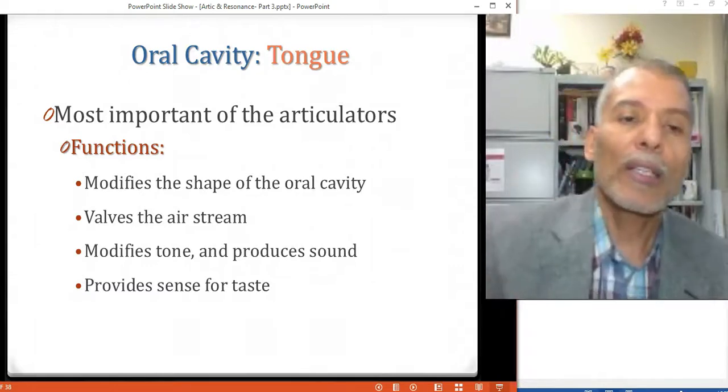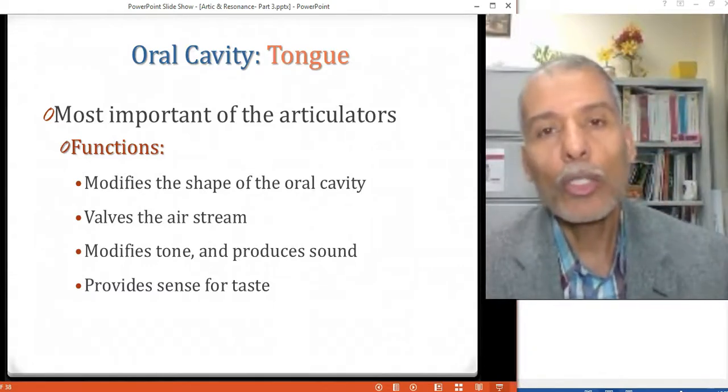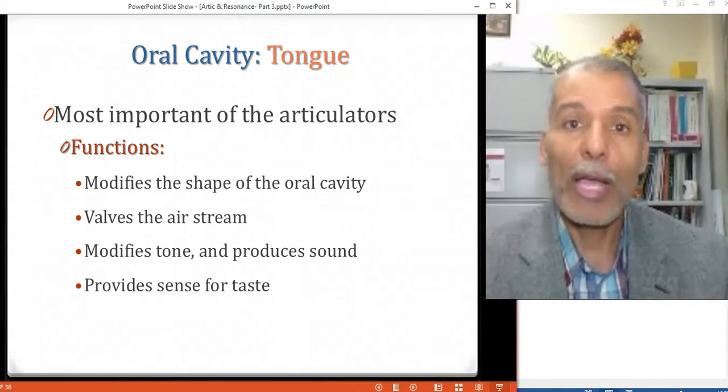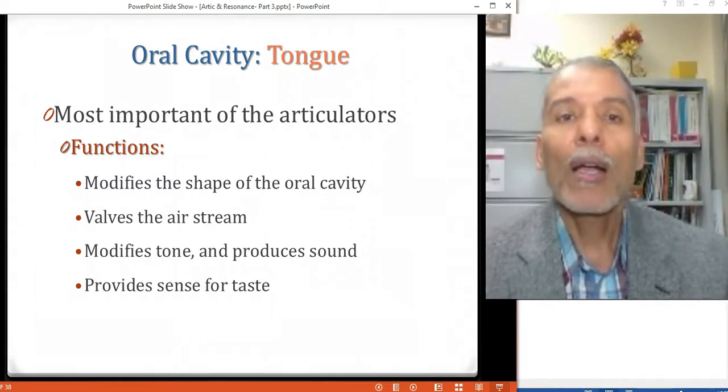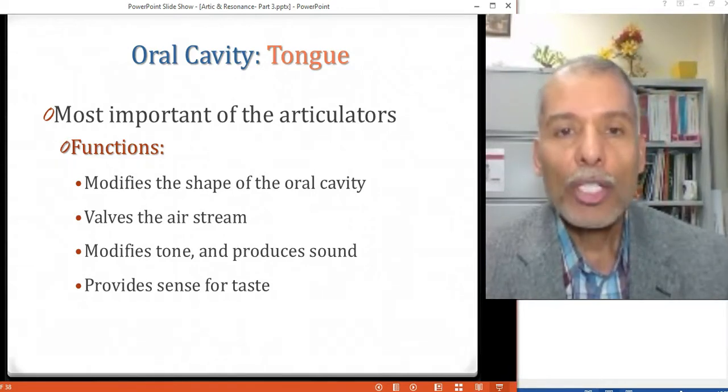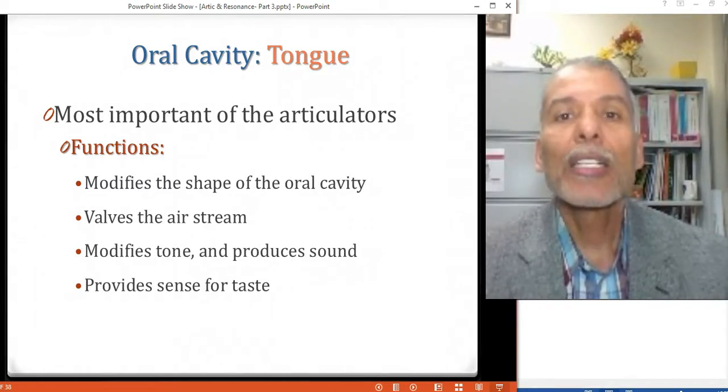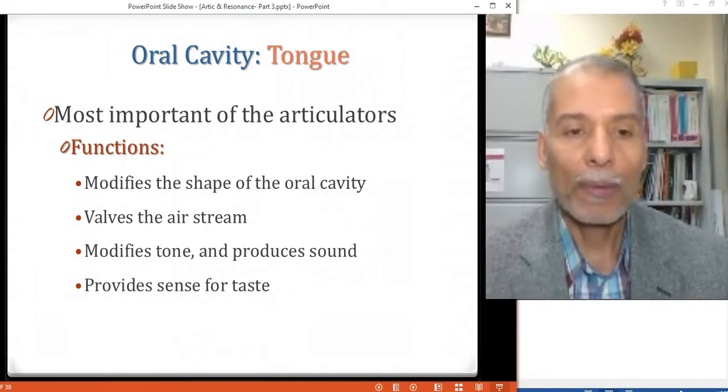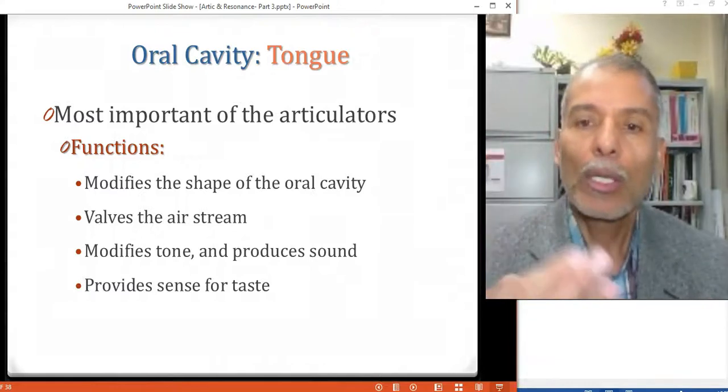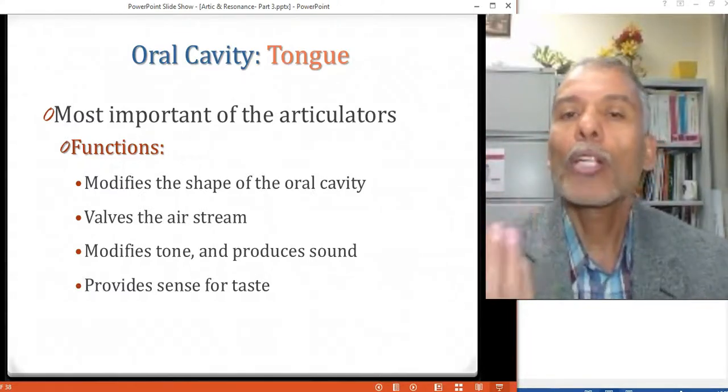So anyways, you'll study this in speech and hearing science. All I want you to know, for the purposes of AMP, is that the tongue modifies the vocal tract and modifies pitch or resonant frequency of the vocal tract. So 2 speech functions and 2 biological functions.